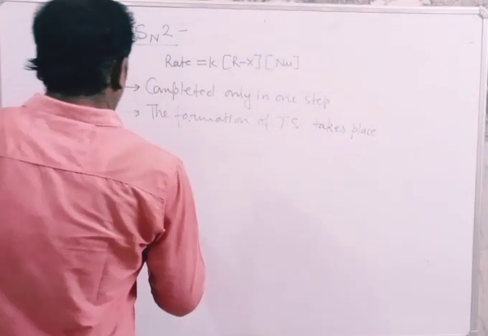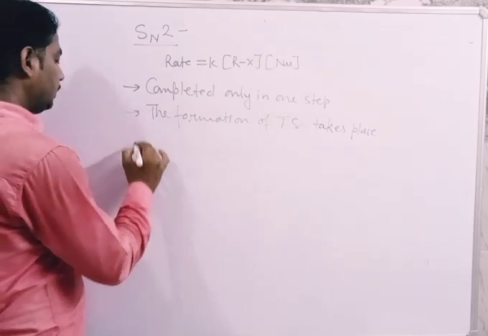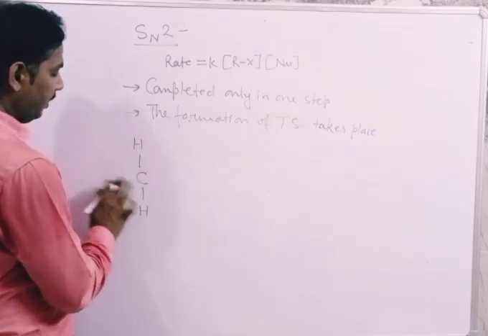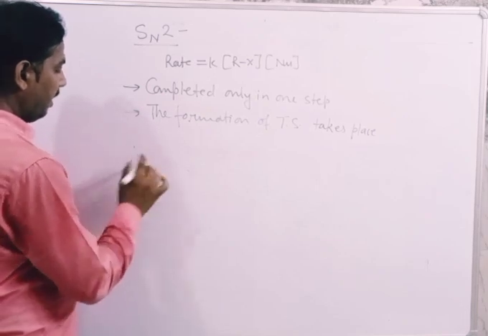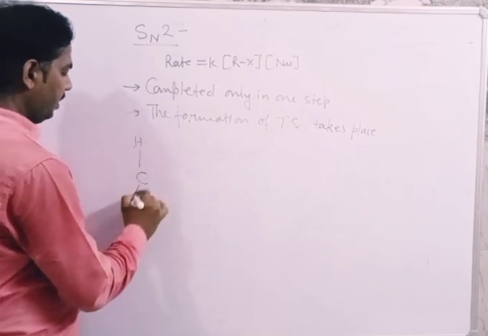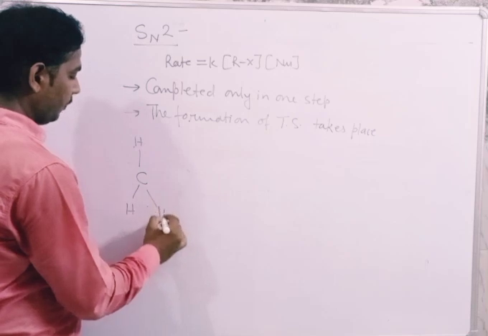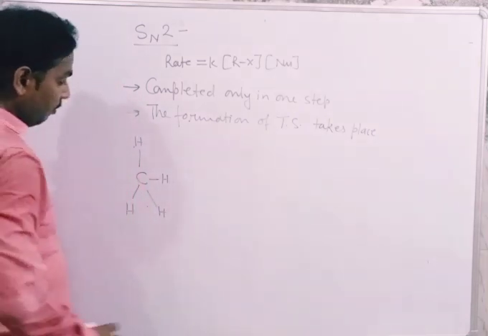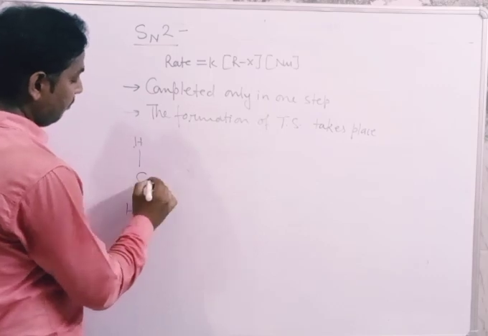For SN2, we can perform the reaction with a primary carbon, like this, a primary carbon with Br.